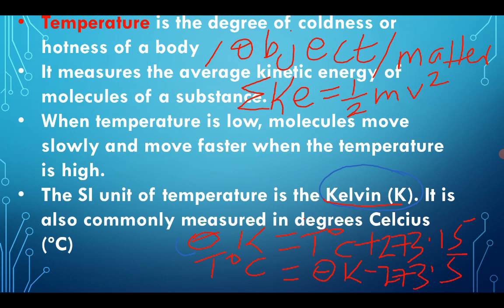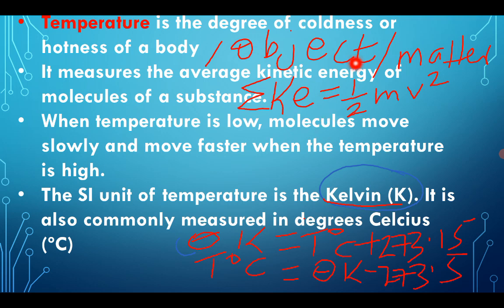So we are saying that temperature is a measure of coldness or hotness of a body, and basically temperature measures the average kinetic energy, which is the energy of motion of the particles or the molecules in the substance being heated. All right, and the particles tend to move slower when cooled and faster when heated.